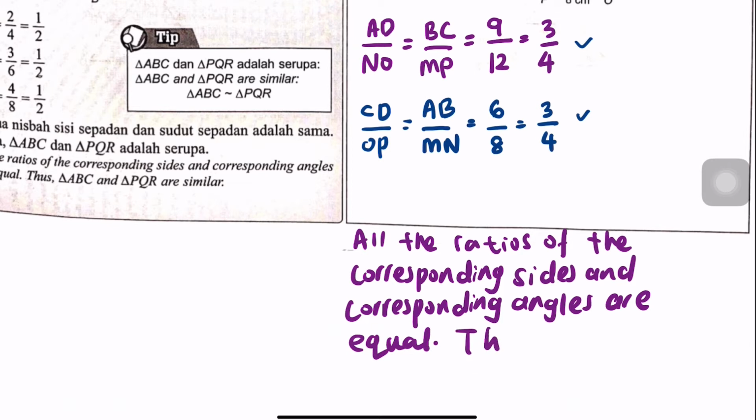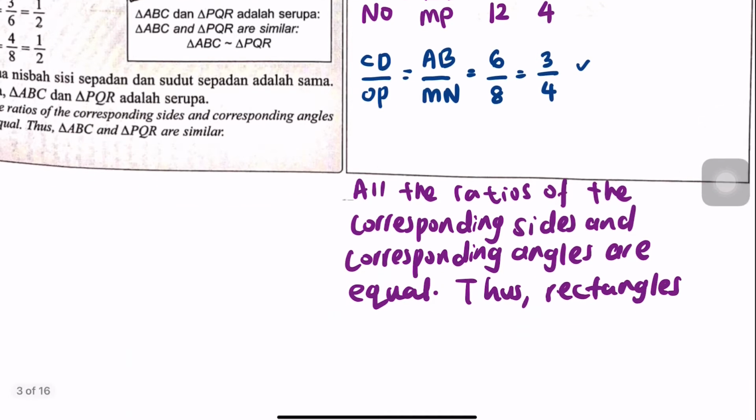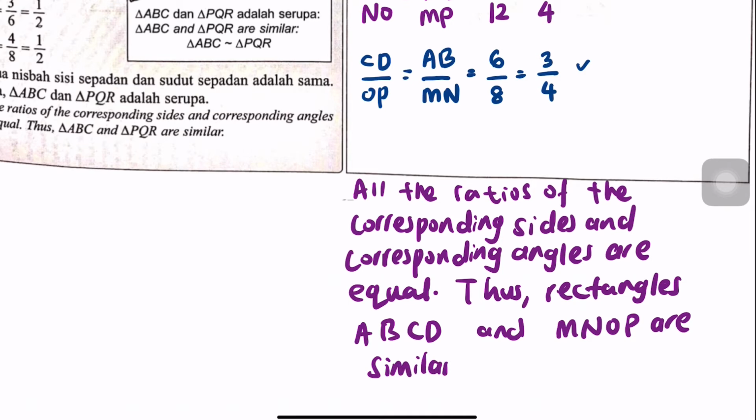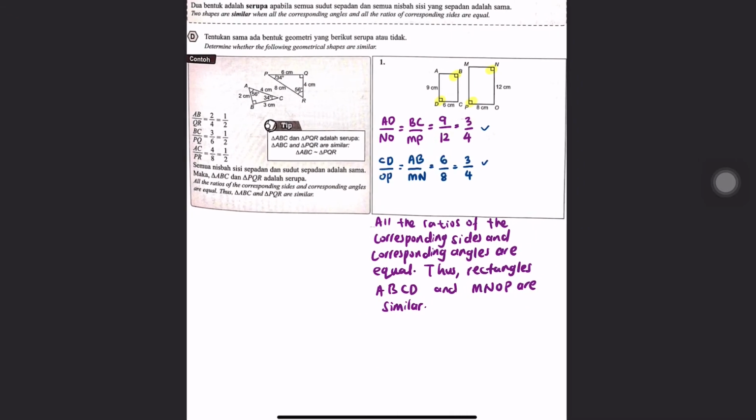Thus, rectangles ABCD and MNOP are similar. As simple as that.